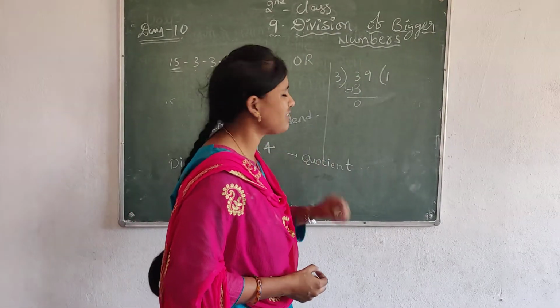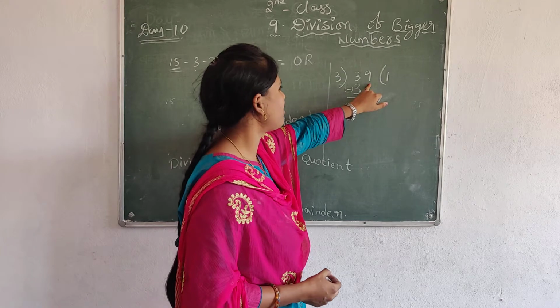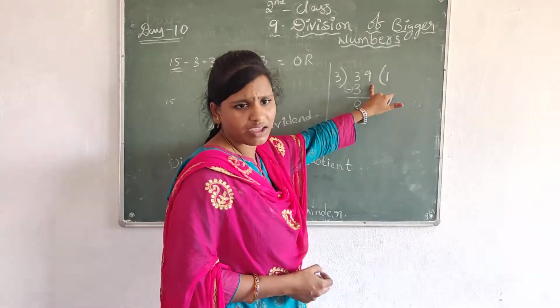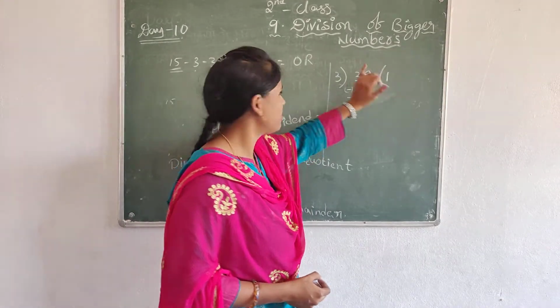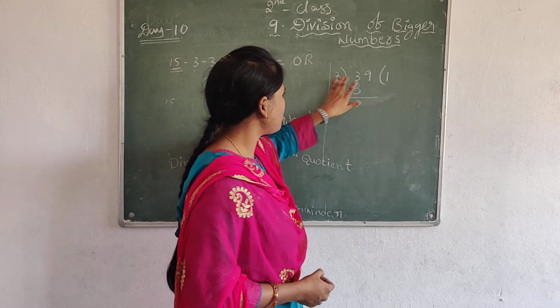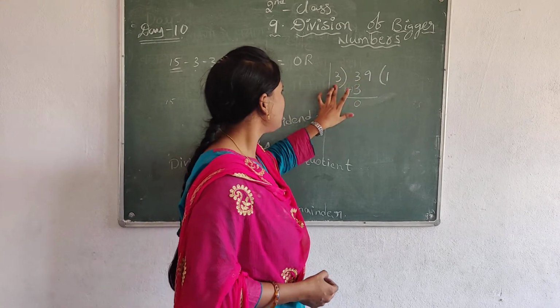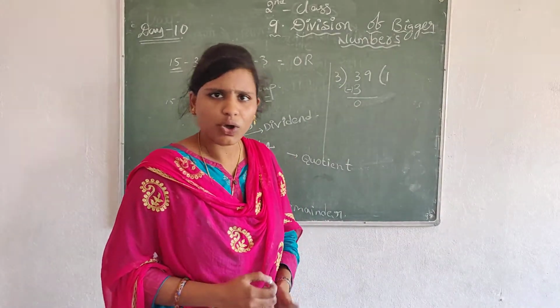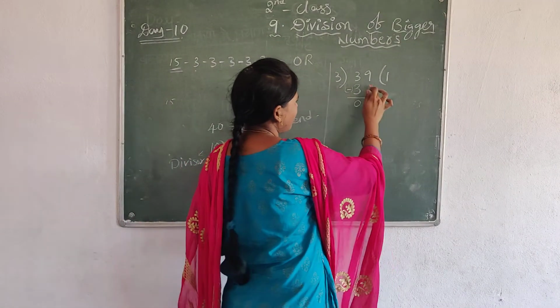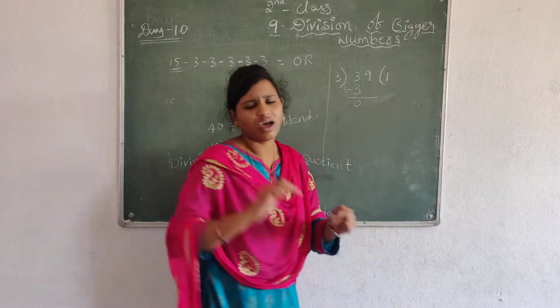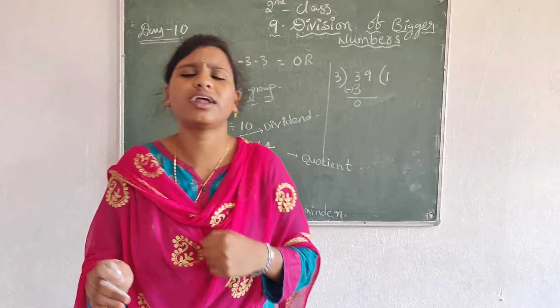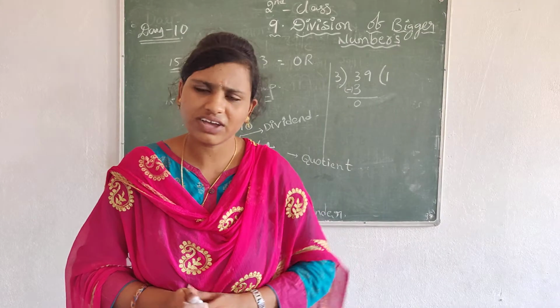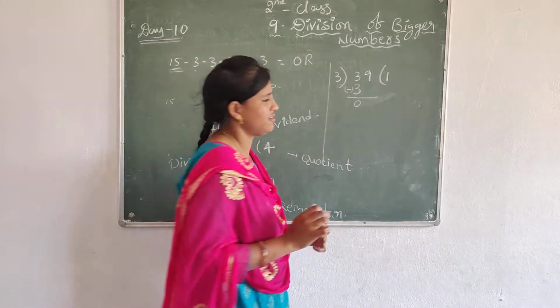And one more thing you must remember. Is 3 greater than 9 or is 3 less than 9? 3 is less than 9. So every time you check the two numbers, this number is less than this number, which is possible. So this number either exactly or before it will definitely cancel in the tables.